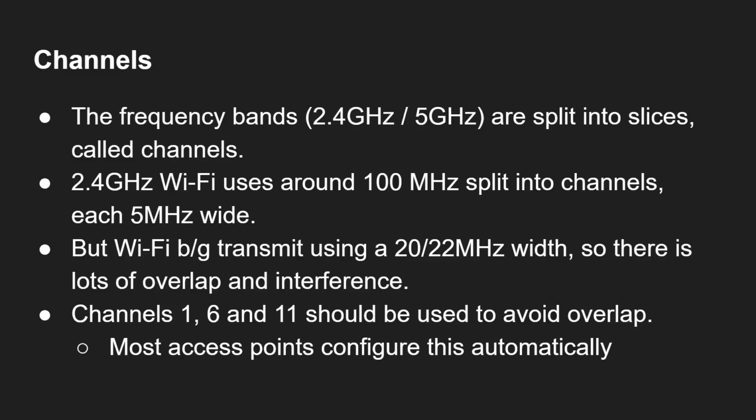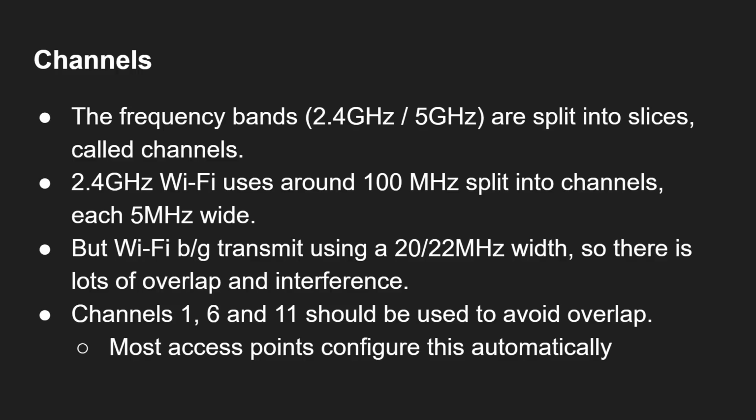But the thing about 2.4 gigahertz Wi-Fi for B and G is that they transmit on 22 megahertz bandwidth, so therefore they overlap each other. So if you're in channel 1 and you've got another piece of Wi-Fi equipment in channel 3, then they're going to clash because that's only 10 megahertz between them. So really, you've actually only got 3 channels that can be used without overlapping, channels 1, 6 and 11. You might have 13 in some countries.